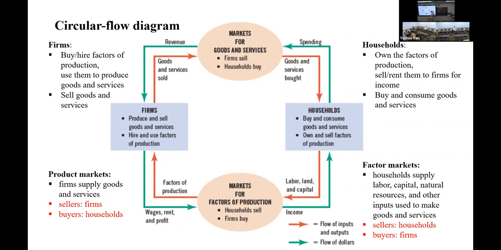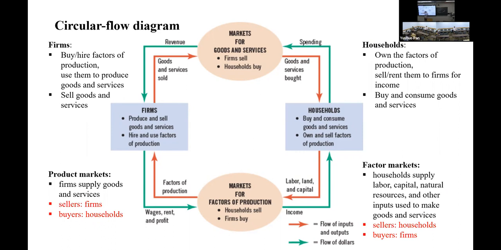Firms sell goods and services to consumers, and consumers consume goods and services. So this is a circle, right? In the product market, firms supply goods and services, so the sellers are firms and the buyers are households.